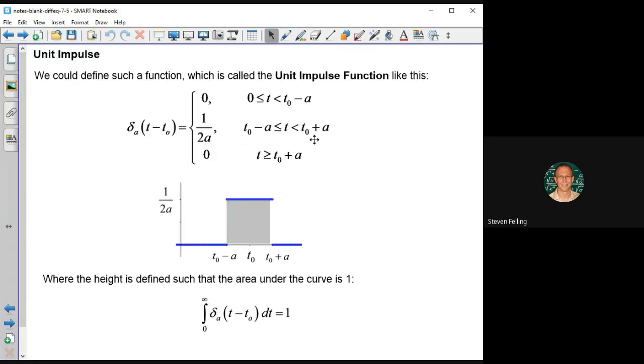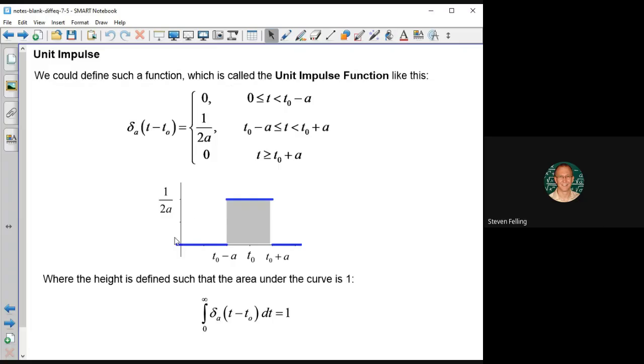Well, first we can define such a function piecewise, and this is called the unit impulse function. It's given the symbol lowercase delta sub a. The a indicates this is the base function, t minus t0, where t0 is the time we apply this impulse of energy, so that's a constant.